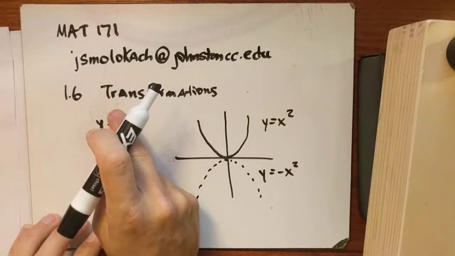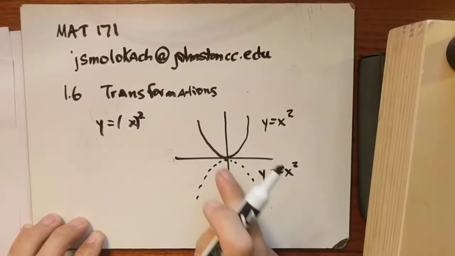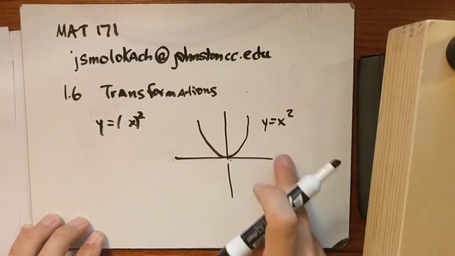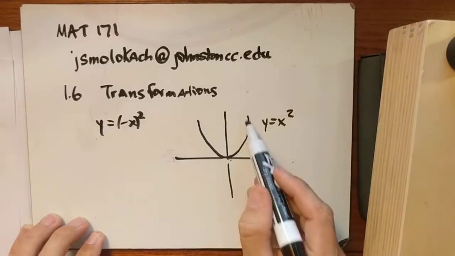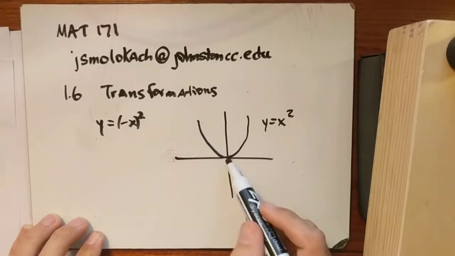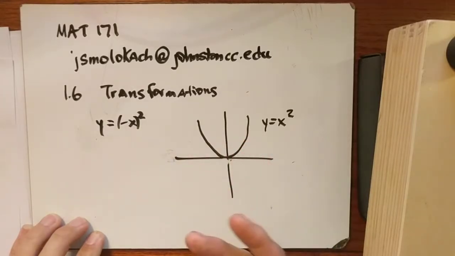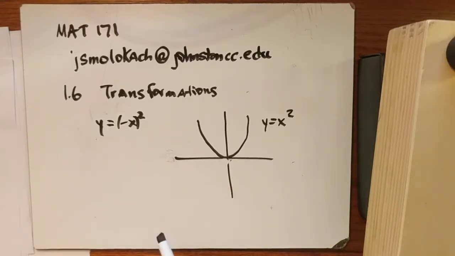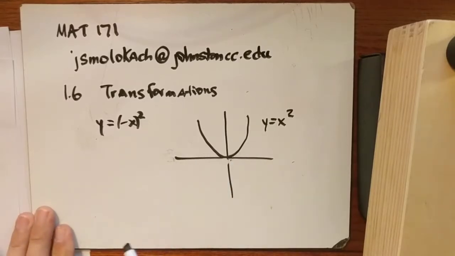If you change x to the opposite, like the opposite of x squared, then all your positive x's become negative and all your negative x's become positive. So this graph gets flipped over the y-axis. That's a reflection over the y-axis. And of course this would look exactly the same. Later on we'll talk about this kind of graph that has y-axis symmetry. It's called an even function in section 1.7.